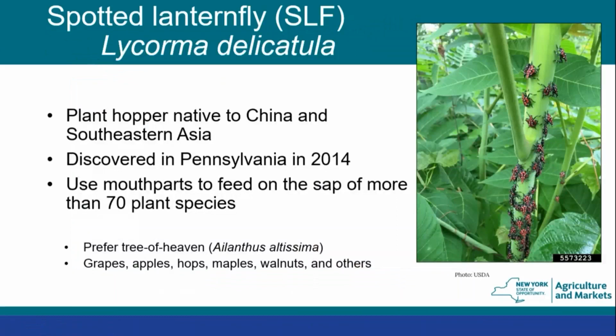So Spotted Lanternfly, Lycorma delicata. Spotted Lanternfly is native to China and Southeast Asia, places like Vietnam. It was first discovered in Pennsylvania in 2014. It was a retired natural resource person from the state of Pennsylvania that noticed some odd activity in some other insects.